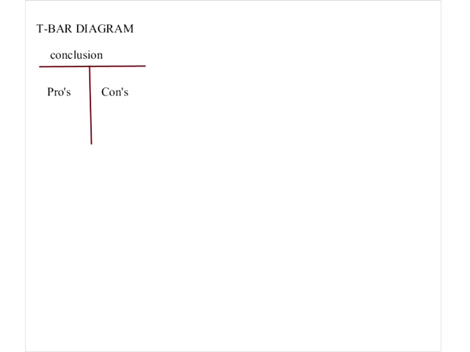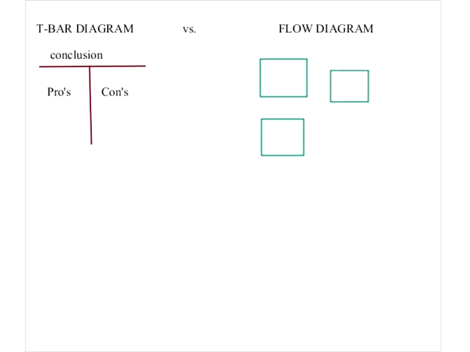Versus a flow diagram, which has all these box things going on, where you might have an arrow, and then two arrows pointing over here, and then maybe this is some argument over there, and this is some counterargument.